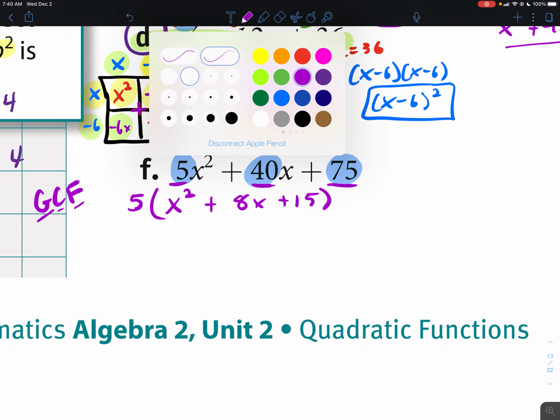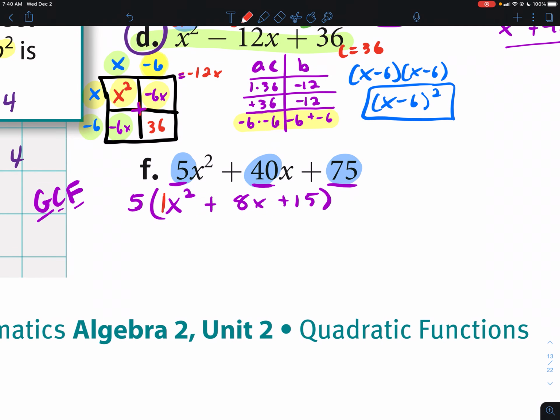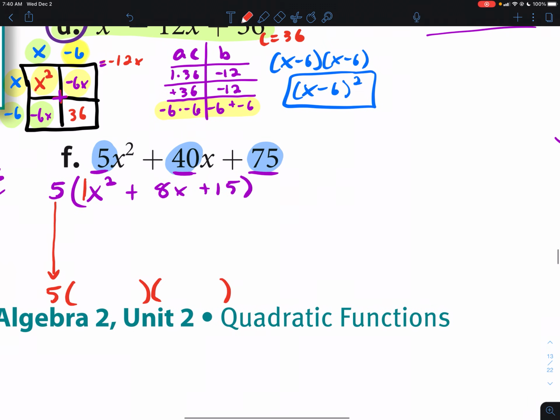And so now I have a problem that has 1 as its A value. And so don't fret over the 5. You're just going to bring it down, and it's just going to hang out at the front of your answer. We need to break down this guy, though. So I need factors that add up, ACB.